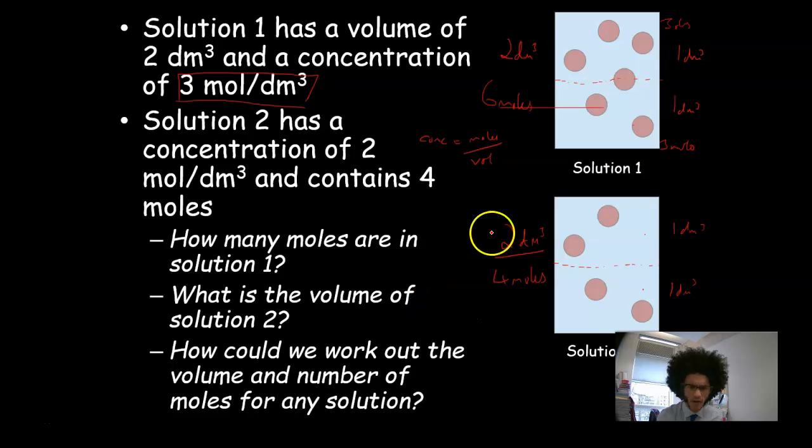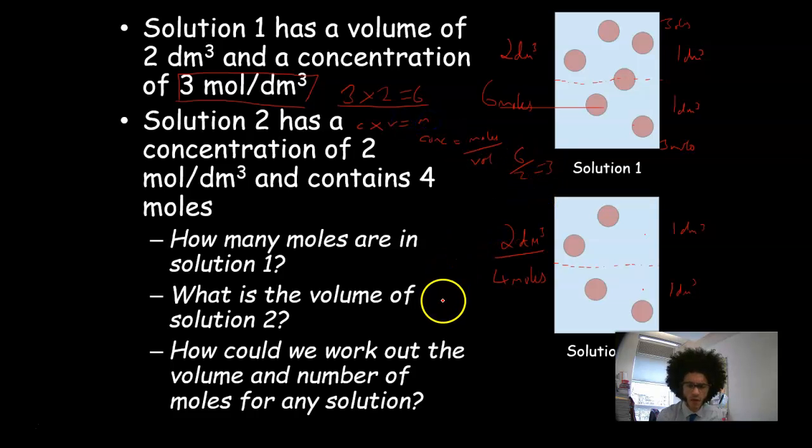Hopefully you can work out the mathematics, because if you've got 6 moles and a 2 decimeter cubed container, you can do 6 over 2, which gives you 3. And by manipulating it, if I've got a concentration of 3 moles per decimeter cubed but I've got 2 lots of those boxes, then you can do 3 times 2, which gives you 6. And that effectively is your first equation: concentration multiplied by volume gives you the moles.